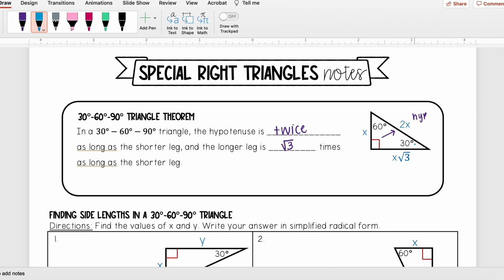And so if I'm looking at this, I get really two equations here that will help me find the length of these other sides. The first one is that the hypotenuse is equal to that short leg times 2.